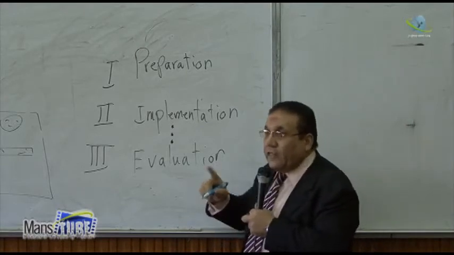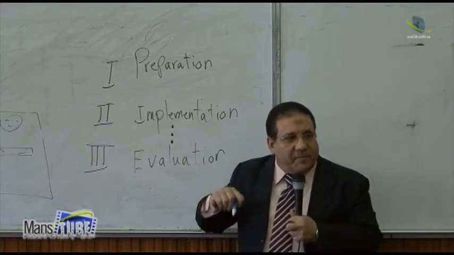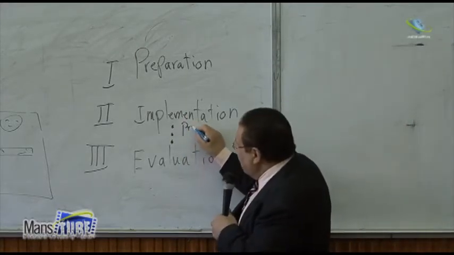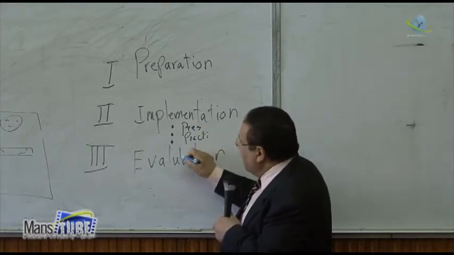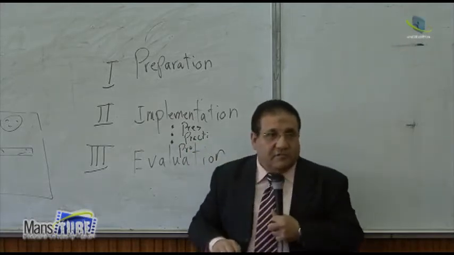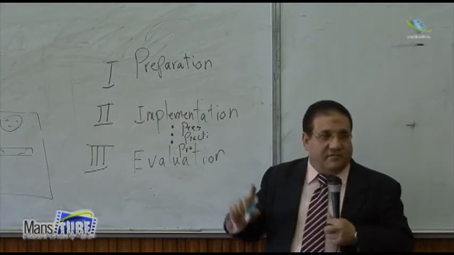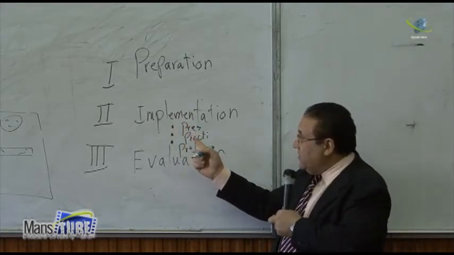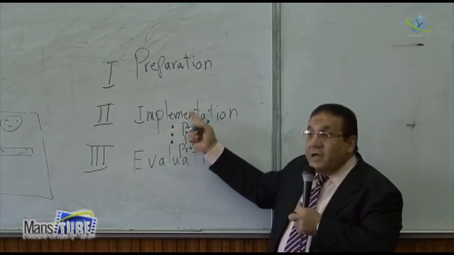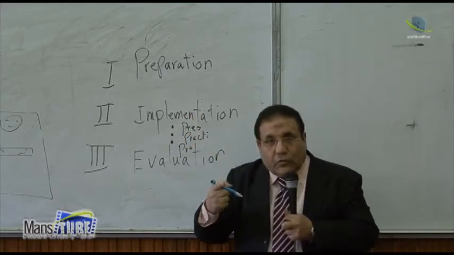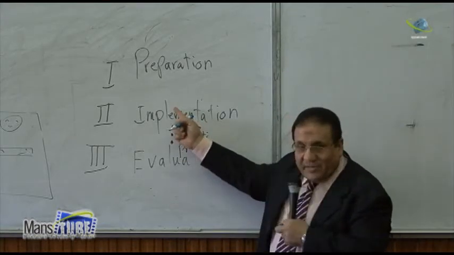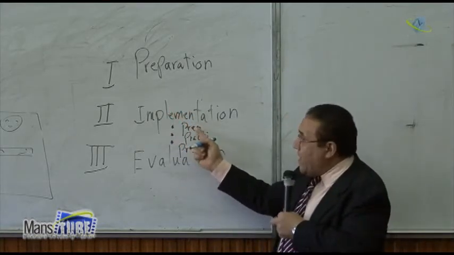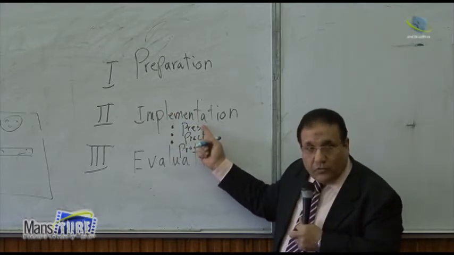We have what we call the 3 P's here. Presentation, practice, and production. So we call them the 3 P's. Presentation, practice, and production. When we introduce a new structure at the implementation phase, we present the new structure.